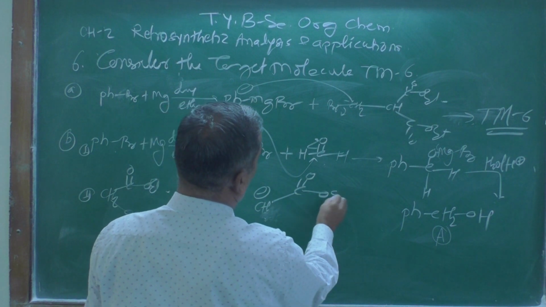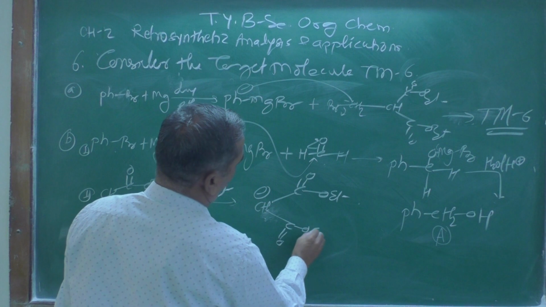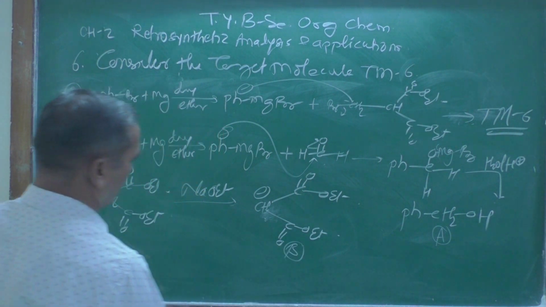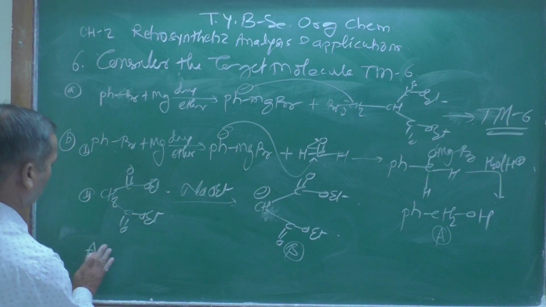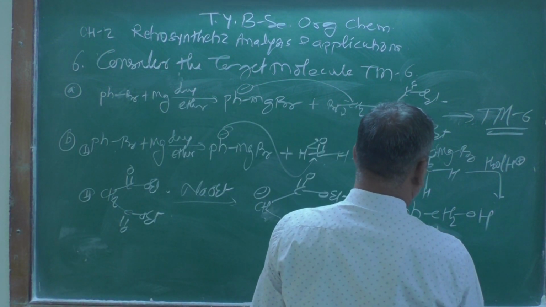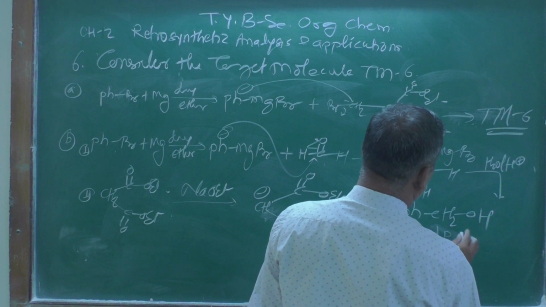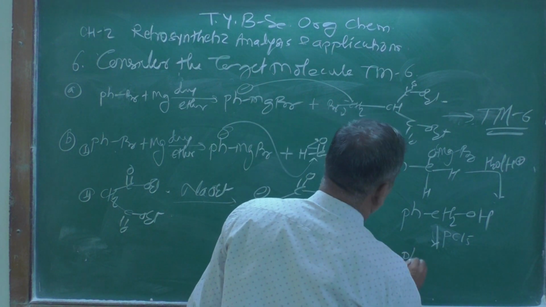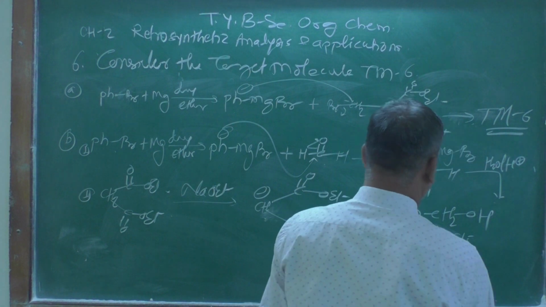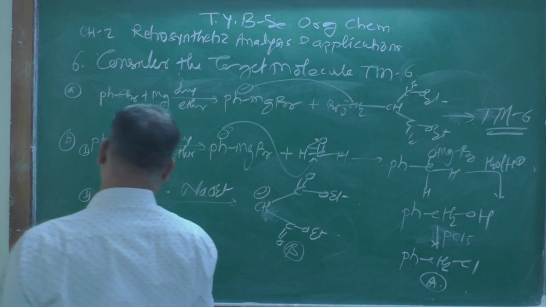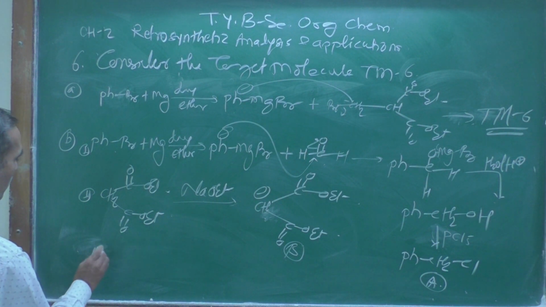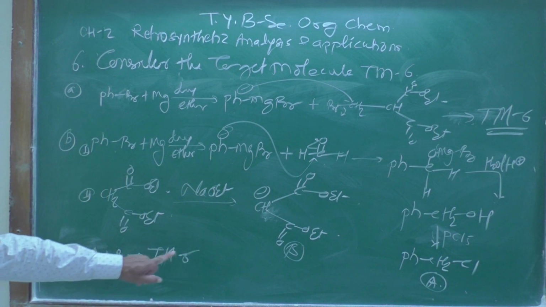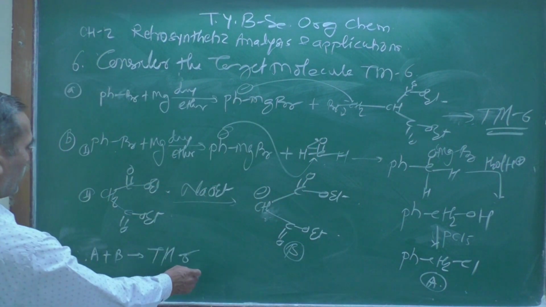We can call it B. For A, I should use PCl5 or PBr3 on the benzyl alcohol. What should I get there? PhCH2Cl, and I am calling it A. Now A plus B gives me the target molecule 6. Understood this one?